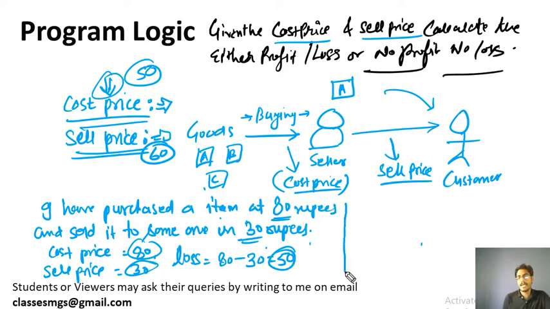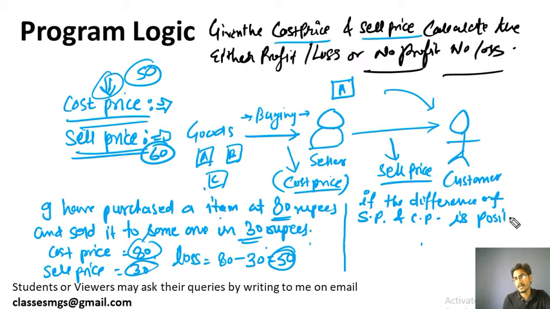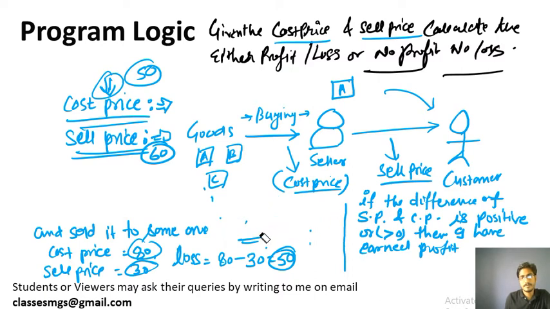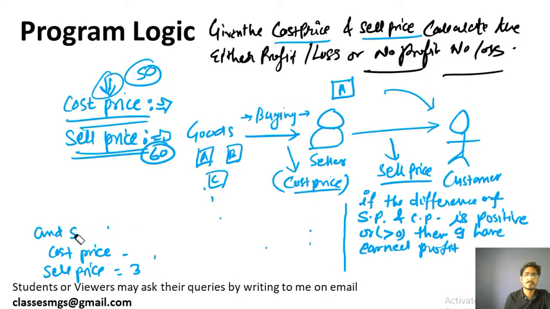So the simple rule is that if the difference of selling price (SP) and cost price (CP) is positive, or greater than 0, then I have earned a profit.